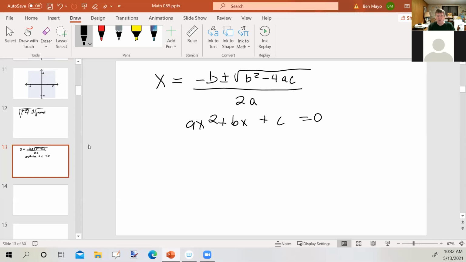So when we have the equation set equal to 0 and written in descending powers, the first term something x squared, the second term something x, and the third term a constant, a, b, and c are the coefficients. All right, let's take a look at how this can work with some examples.